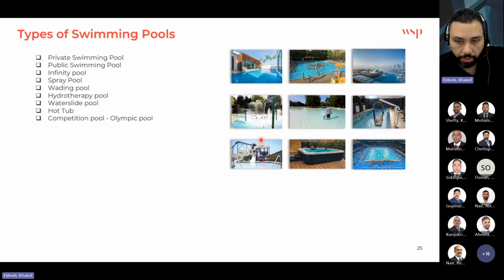If we have a deeper swimming pool, more than 1.5 meter, they consider 1.85 square meter per person. This is the way they calculate the capacity of every swimming pool. But you don't have to worry about that because the sizing of the pool and the capacity is part of the architecture designer's scope of work.